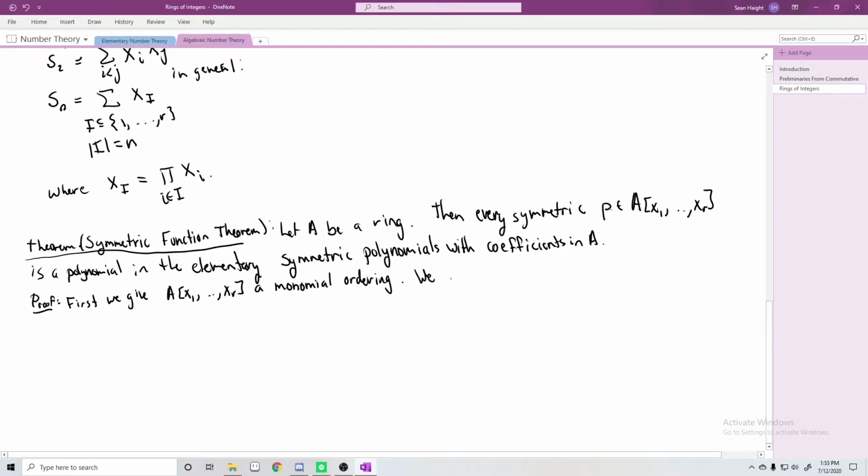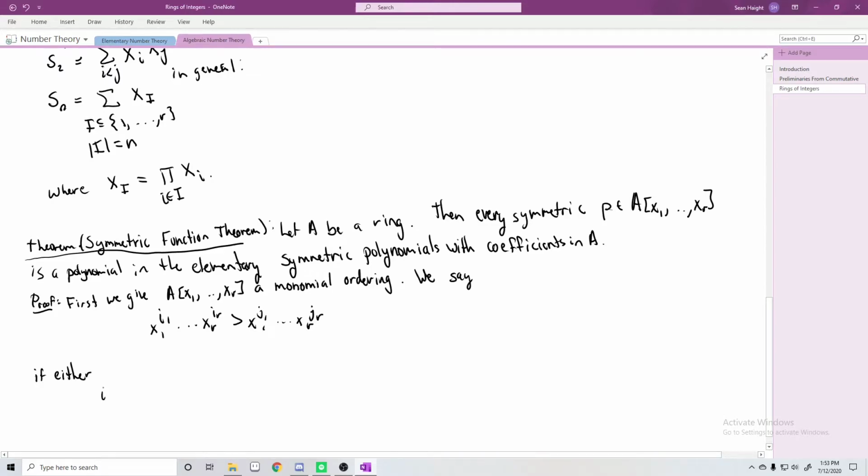So first, give this thing a monomial order. So how do we compare two monomials? Well, we say one monomial, x1^i1 through xr^ir, is bigger than another, x1^j1 through xr^jr, if one of the following two things happens. Either the total degree of the left is bigger than the total degree of the right.